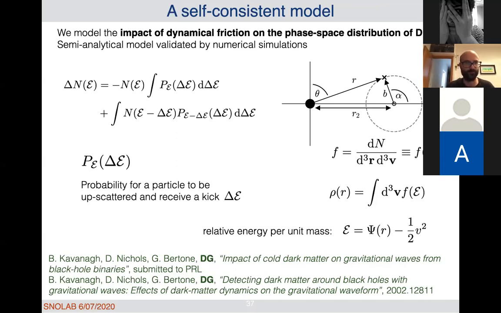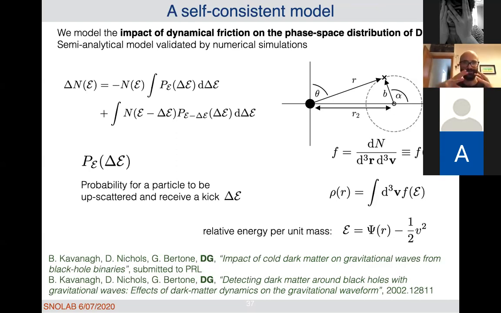And actually, you can write this kind of equation that you see on the left, in which you change the number of particles associated to some energy, so in some region of the phase space, because some particles are upscattered by dynamical friction, and the probability of this upscatter is characterized by this p epsilon, and some other particles from lower energies are upscattered to the current energy.